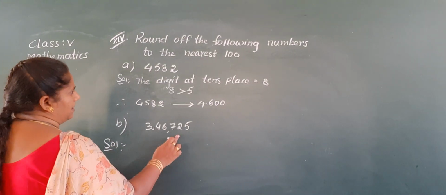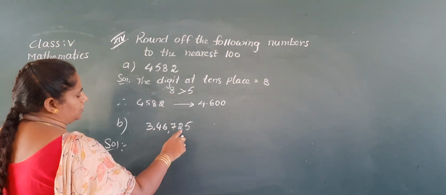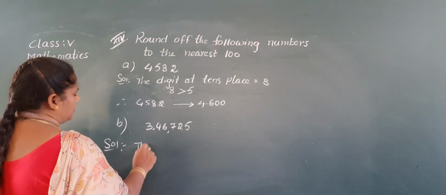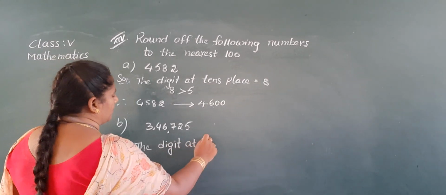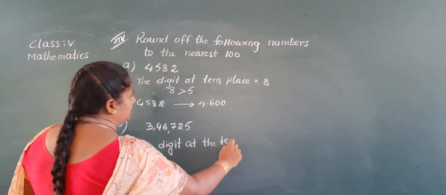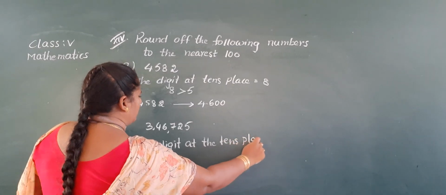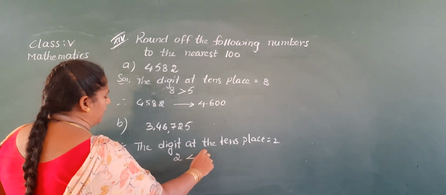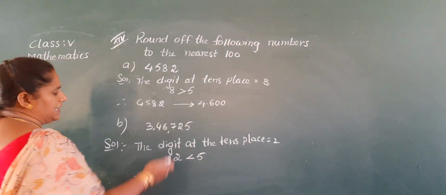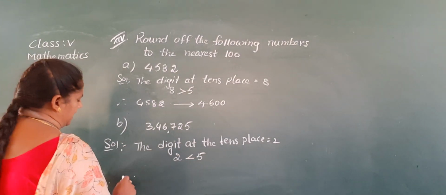And here also, asking 100, so you see the digit at tens place. So the digit at the tens place is equal to 2. 2 is less than 5. Less than means there is no change in the hundreds place.